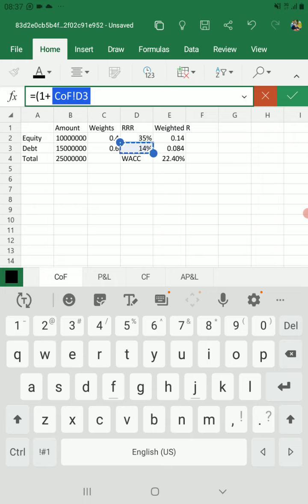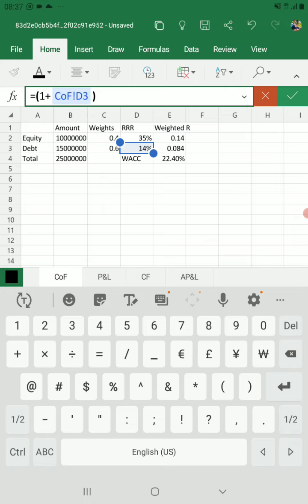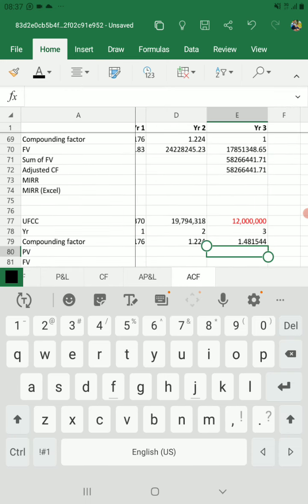So I close the bracket, 1 plus R, so I close the bracket, raised to n. In this case n is 3. Okay, press enter. So this is our discounting factor for this negative cash flow at the end of the year.